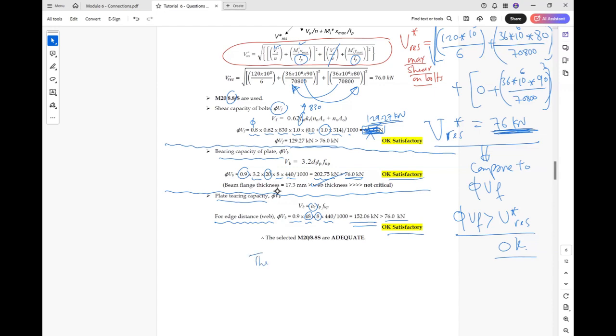So the group of 6 M20 over 2.8 snug tight bolts are adequate, or satisfactory, because they satisfy all the conditions. Okay.